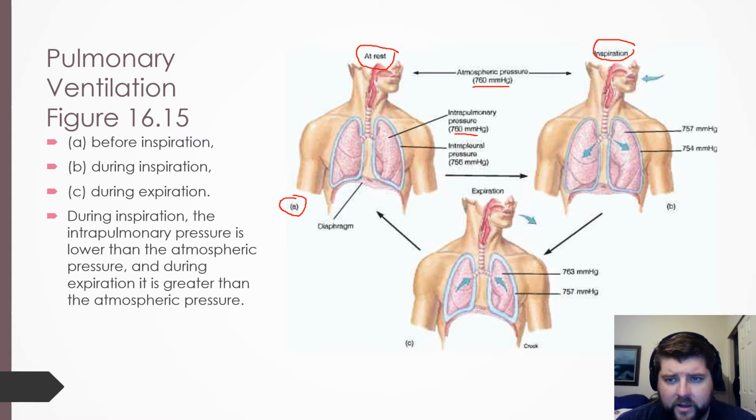So air comes in, the millimeters of mercury go down, and then there's expiration, and then the pressures increase, except for the one inside the intrapleural cavity, which stays relatively negative in order to allow for the lung to stay inflated.